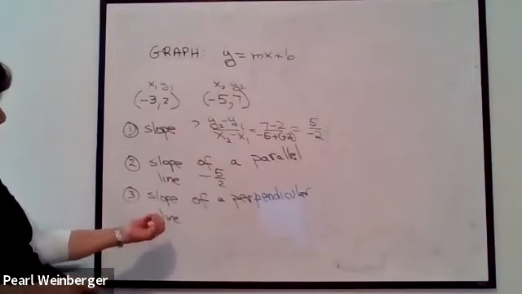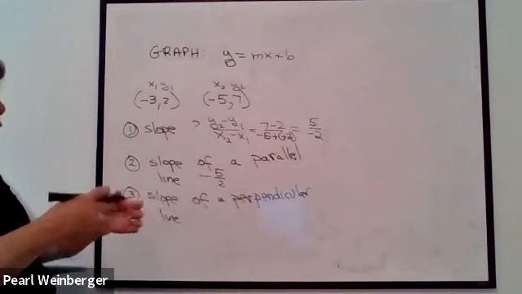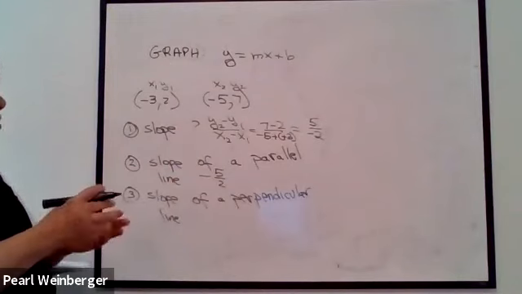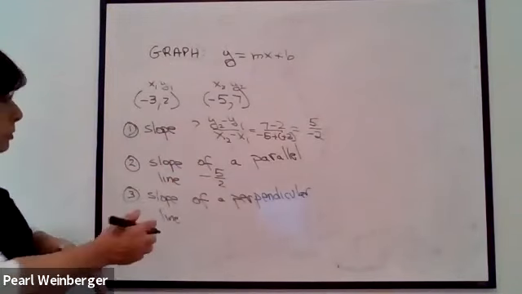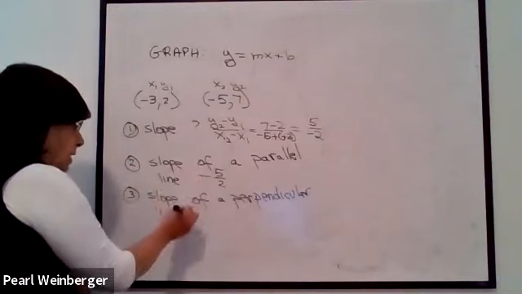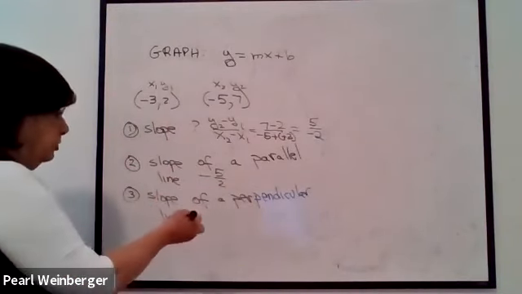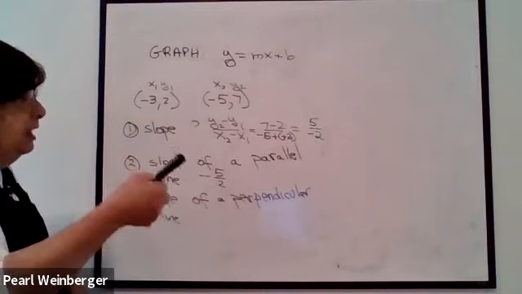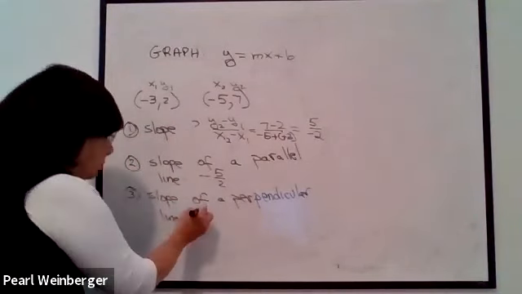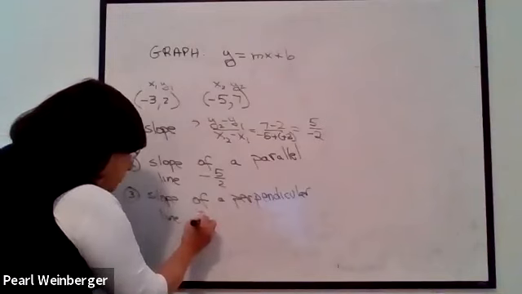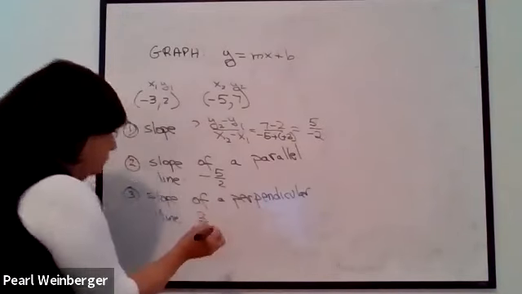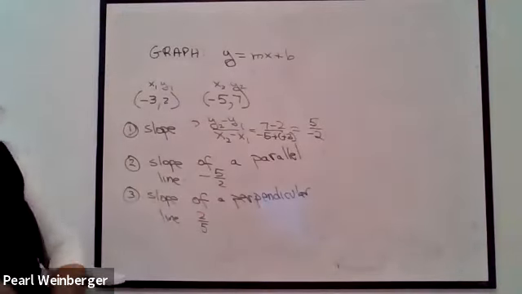Whereas the slope of a perpendicular line would have to be the opposite reciprocal. It would have to be the flipped over fraction and opposite sign. That one's negative, so mine's going to be positive. The perpendicular line will be +2 over 5.